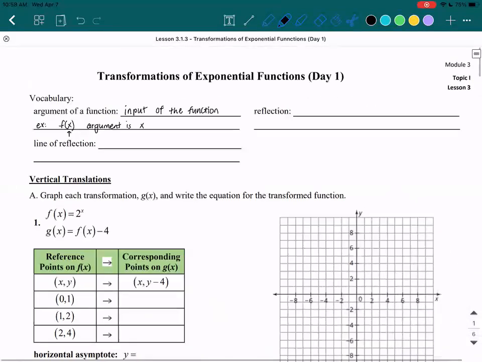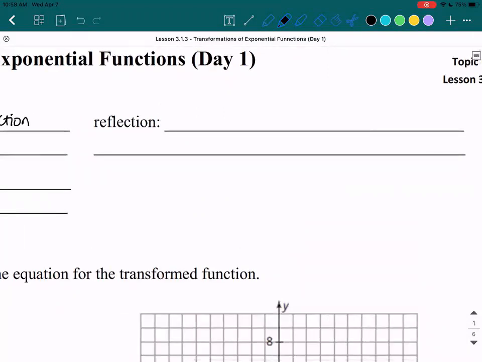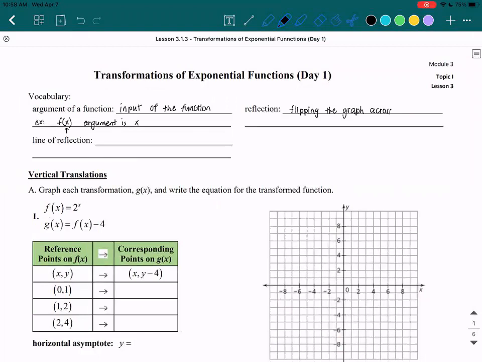All right, let's go on to the next vocabulary word, which is reflection. I think you guys kind of already know what a reflection is, but let's just define it more in terms of math. A reflection is pretty much just flipping your graph around across something called the line of reflection, which is obviously the next vocabulary word.